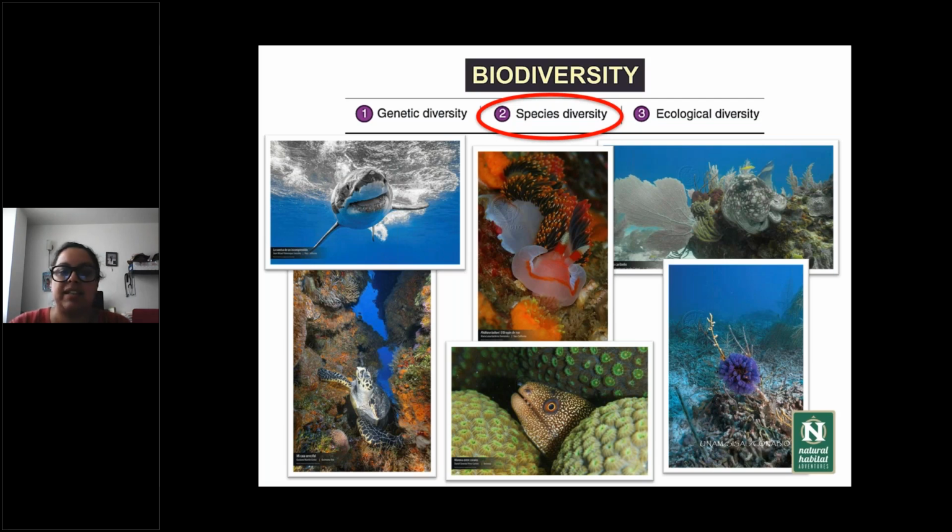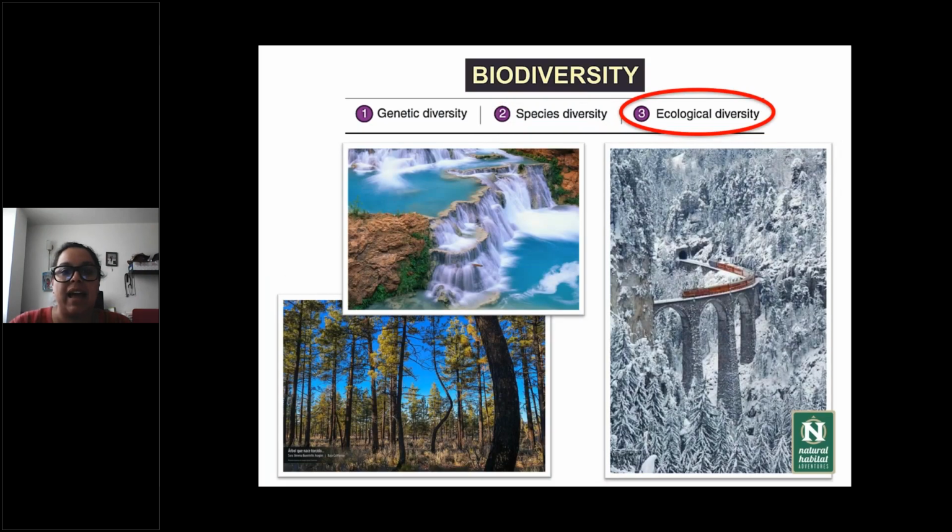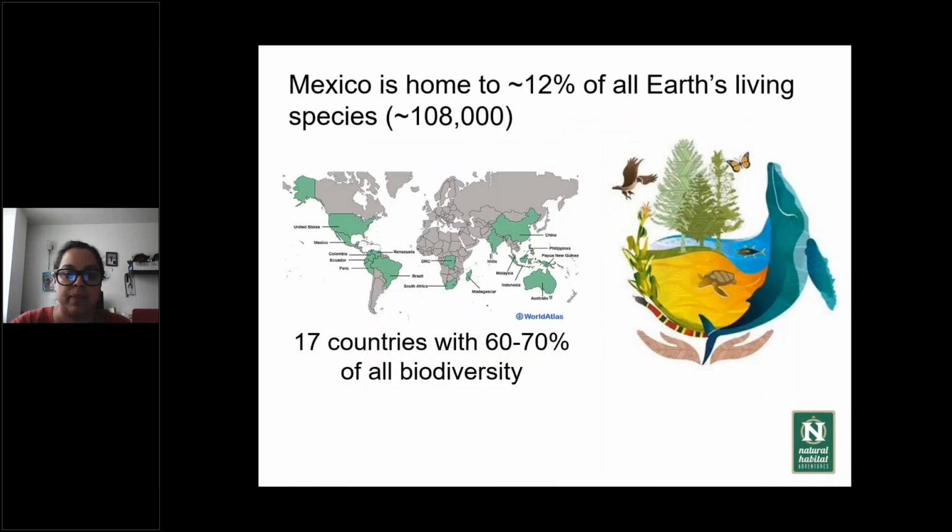So all of this is the species diversity of a given ecosystem. And when we talk about ecological diversity, it is all the ecosystems that we can find in a certain area. So in this case, once again taking Mexico as an example, I have these three different ecosystems that are found within the boundaries of the country. So it's very contrasting, and that gives us a high diversity in terms of ecosystems.